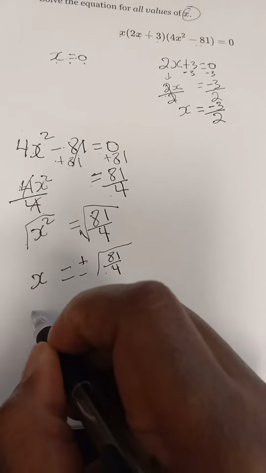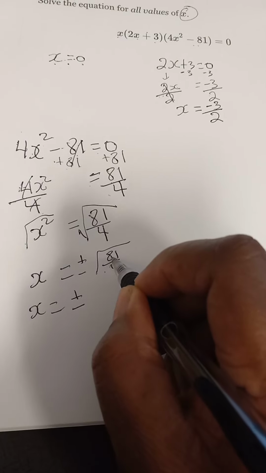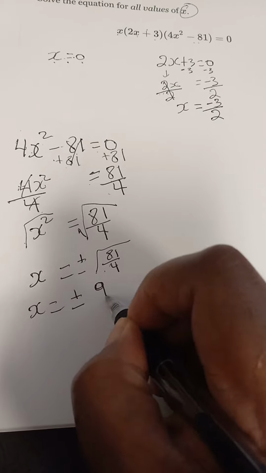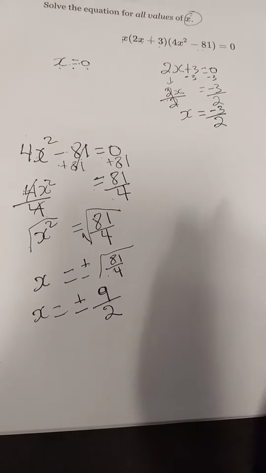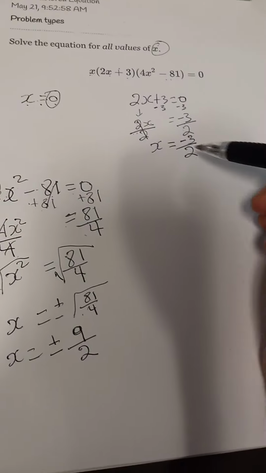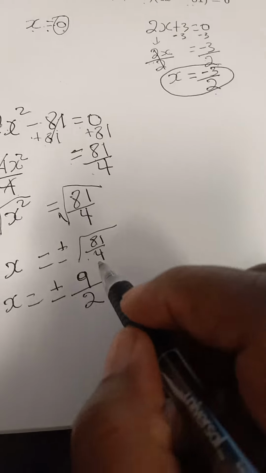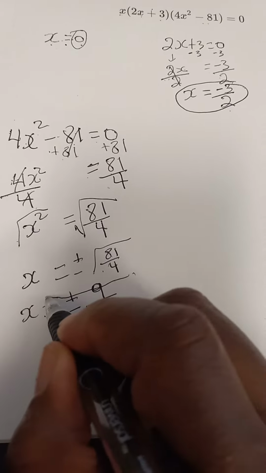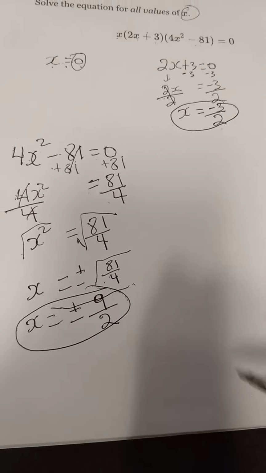So I'm going to simplify: x is equal to plus or minus the square root of 81 is 9, divided by the square root of 4 is 2. So my first x value from the factors is 0. My second x value is negative 3 over 2. And the last is plus or minus 9 over 2.